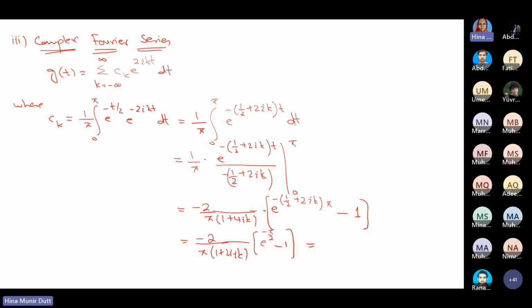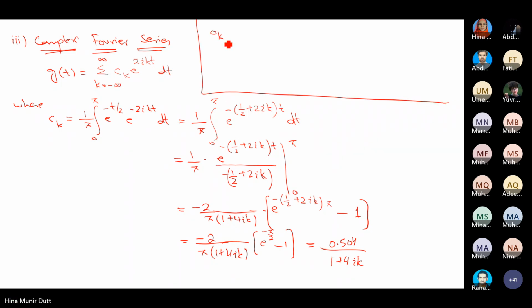So we already calculated this quantity. Minus 2 times this, which is 0.504 over 1 plus 4 iota k, right? So this is my c_k. And calculate c_k.